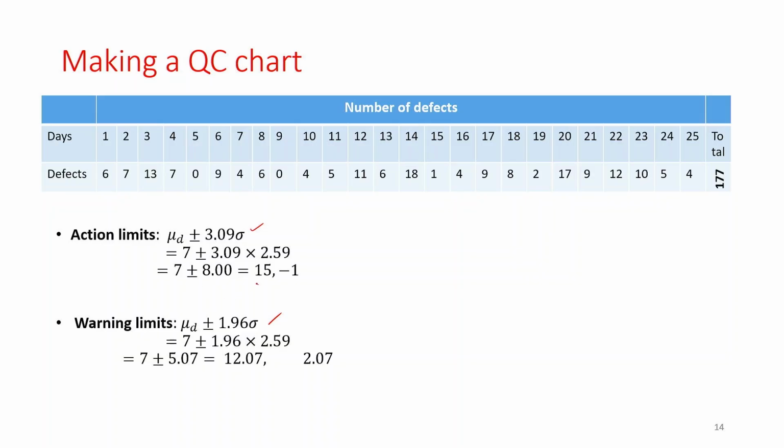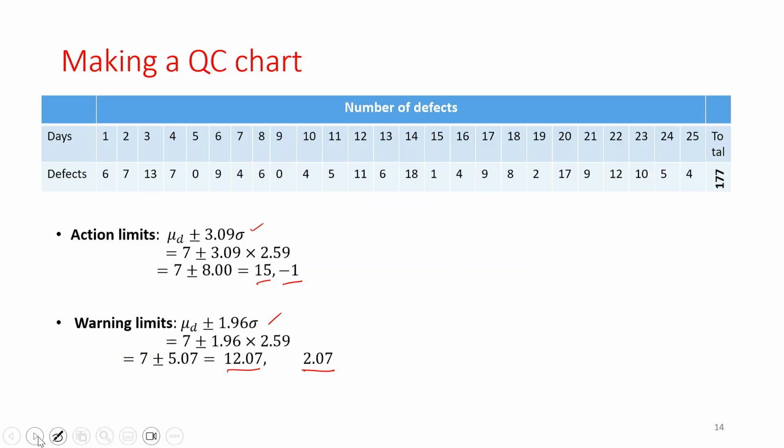That means it could be 15 on the upper side and minus 1 on the lower side. Warning limit is 7 plus or minus 5.07, which means 12.07 on the upper side and 2.07 on the lower side. So the values of the action limit, warning limit, and the mean are now known to us.